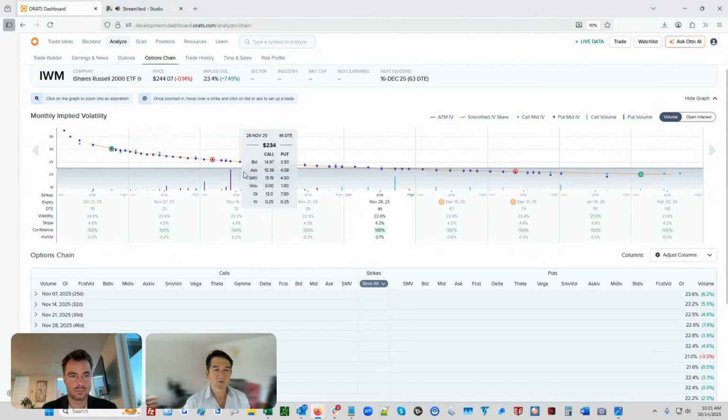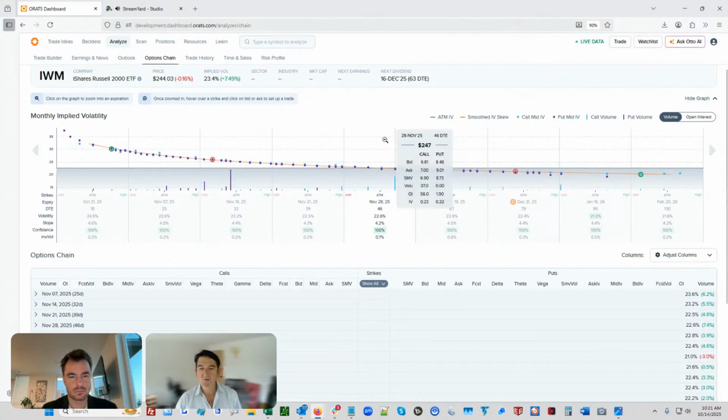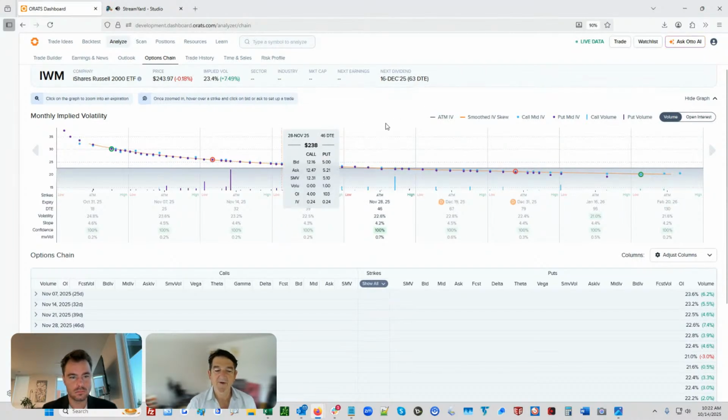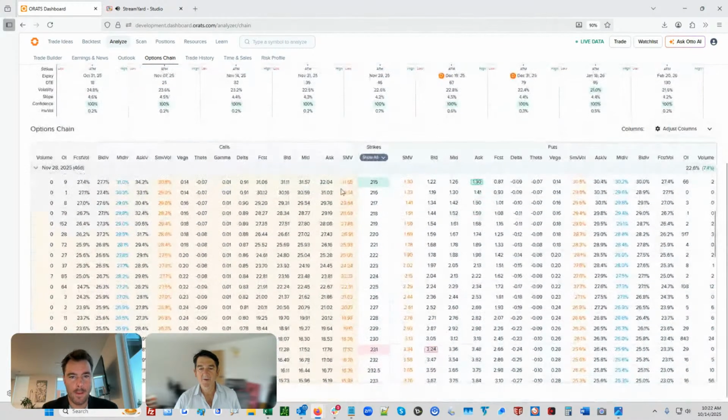So that's where that smooth edge is coming in, Tyler, and that's how the S value is calculated. You could see, it's right along the line, but some are above, some are below, and this is identified one that has a little bit of edge there, and then we could look at the individual strikes.